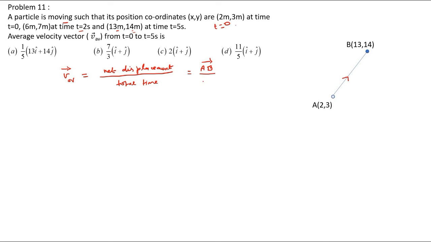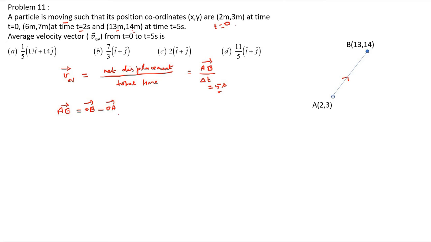Of course, this is the time interval. I'll call it delta t. From t equal to 0 to t equal to 5 means delta t is equal to 5 seconds. Delta t is the time interval, right? First we will find AB, which is the net displacement. We know from the triangle law of vector addition, AB is nothing but OB minus OA.